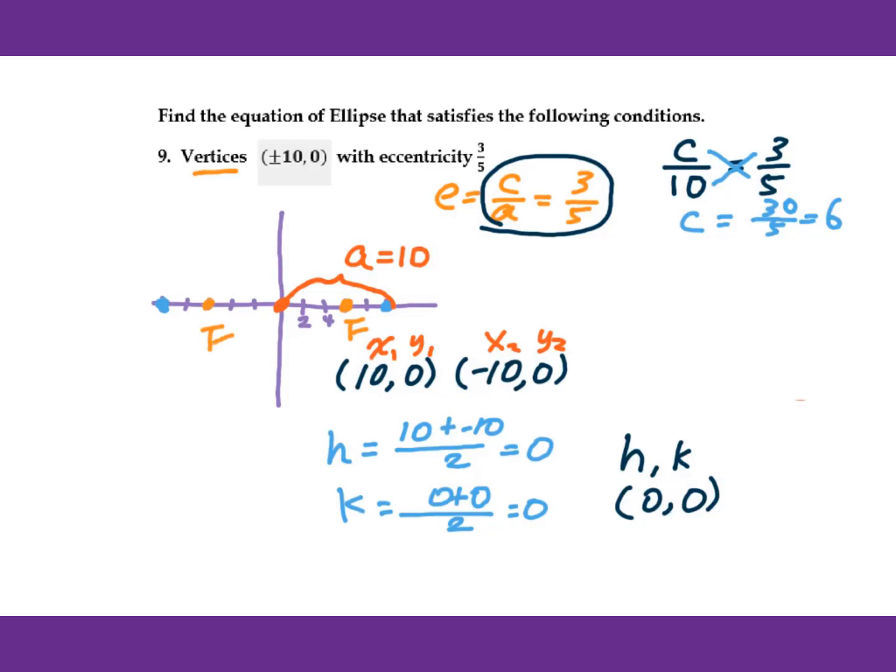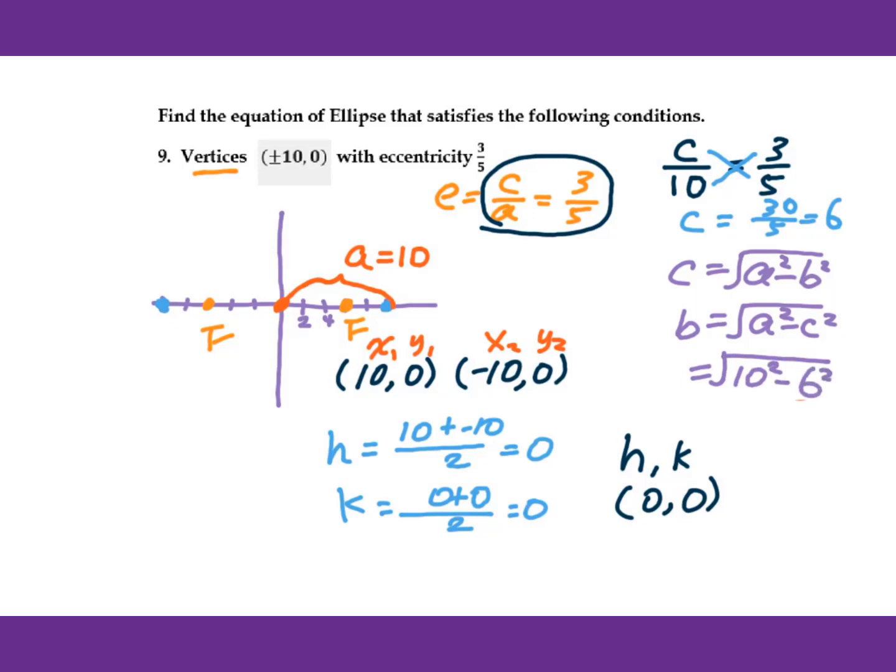According to the formula, c equals square root of a squared minus b squared. Therefore, b equals square root of a squared minus c squared. You will get 10 squared minus 6 squared, that equals 100 minus 36, which is the square root of 64, equal to 8.